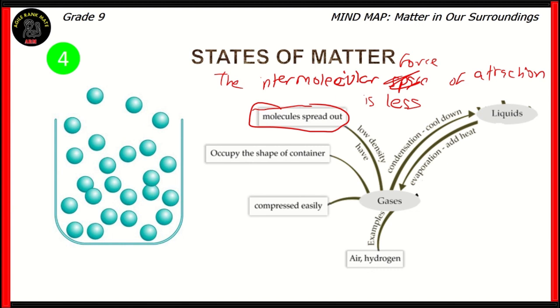Similar to liquids, they occupy the shape of the container. However, they have more kinetic energy, meaning they can move very fast from one place.